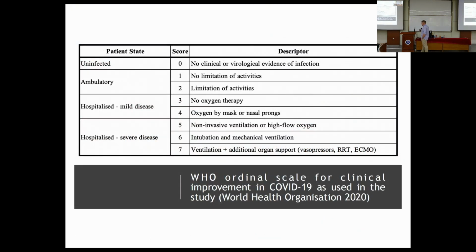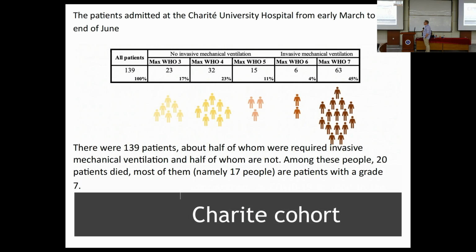What we have done, we have analyzed the patients who were actually at the end classified as grade 7 of the classification from the World Health Organization. So patients who at the end needed ventilation or additional organ support. Altogether there were 139 patients, and among them we applied modeling to 63 patients.